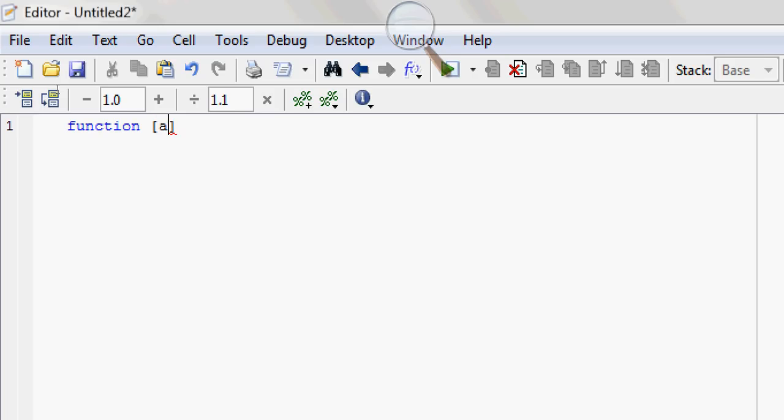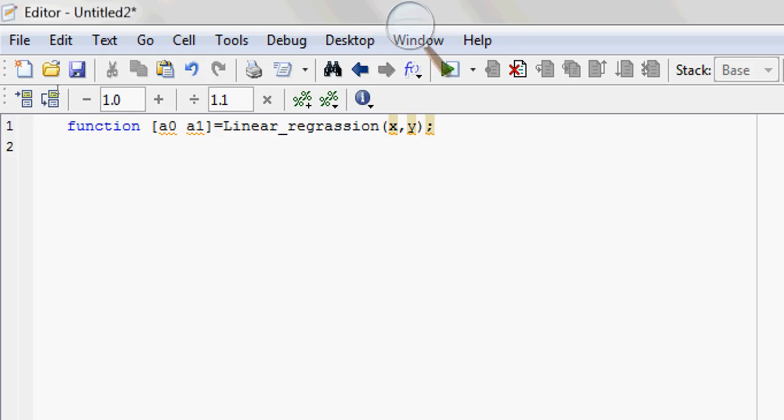The output will be a0 and a1. Linear regression is the name of the function, and it will take the values of x and y. This will be the input for this function.